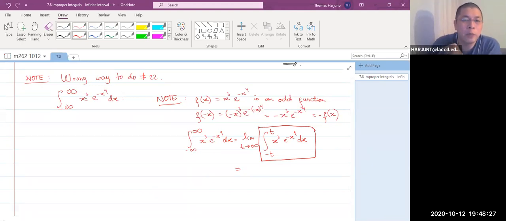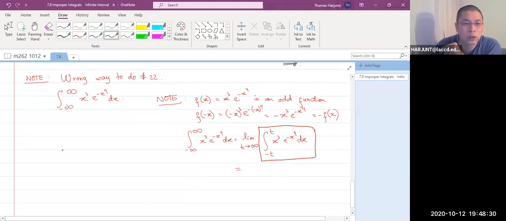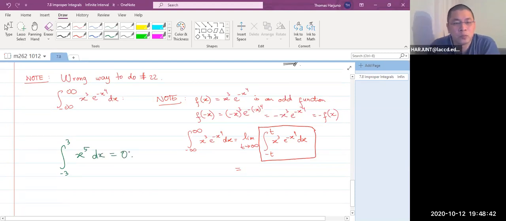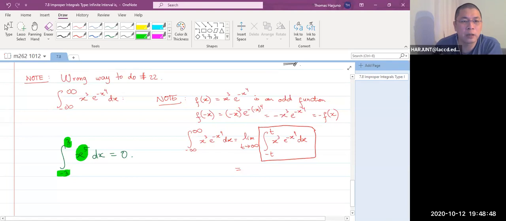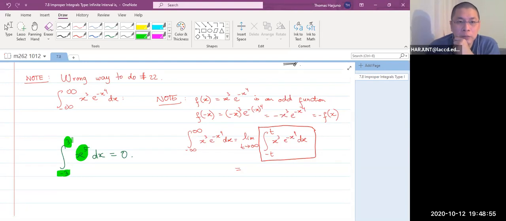This is just scratch work. Let's say I have integral from negative 3 to 3 of x to the fifth dx. That equals 0. Why? This function is an odd function, and the limits of integration are symmetric around 0. You can try to integrate that, and you will get 0.